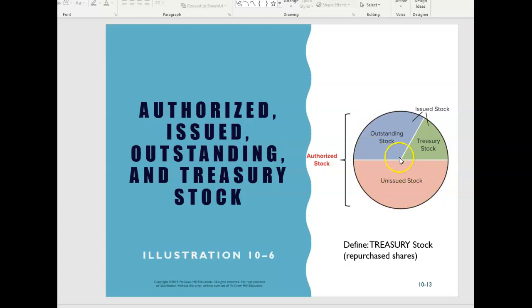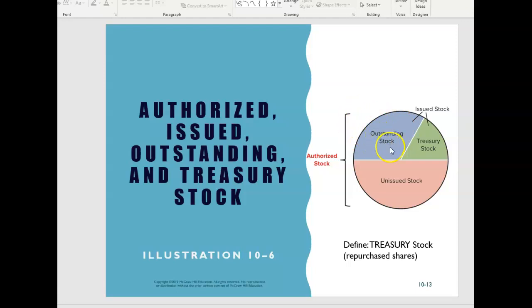And then of the issued stock that is sold in the marketplace, there are two possibilities for those shares. One is that the investors are still holding those shares, and that's called outstanding stock. This is what we've been referring to in class all along, this common stock here.